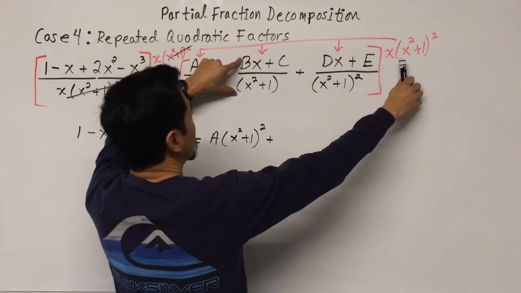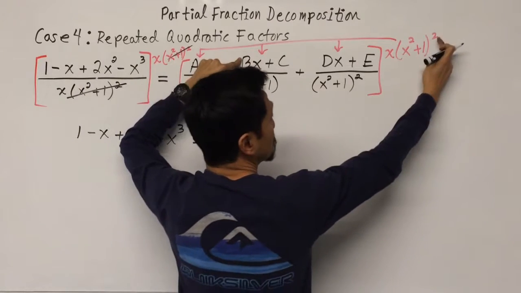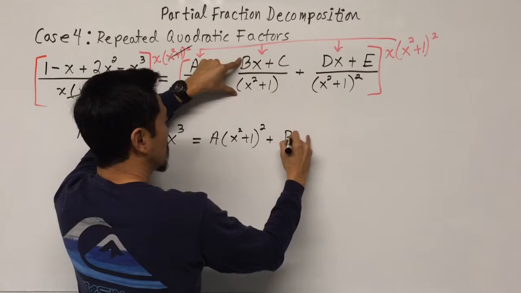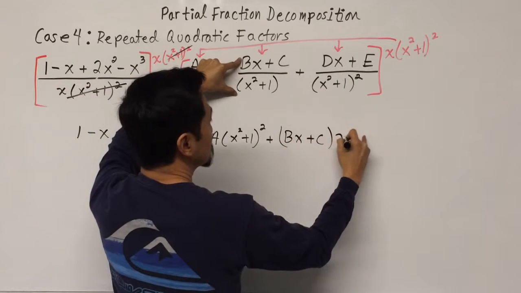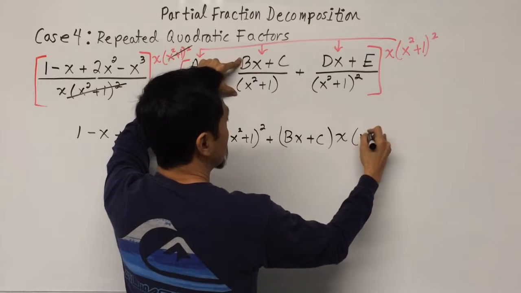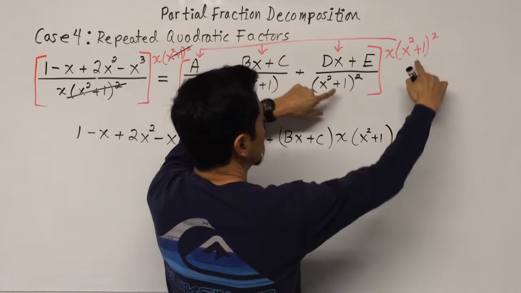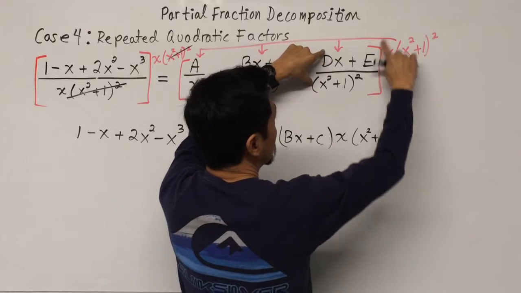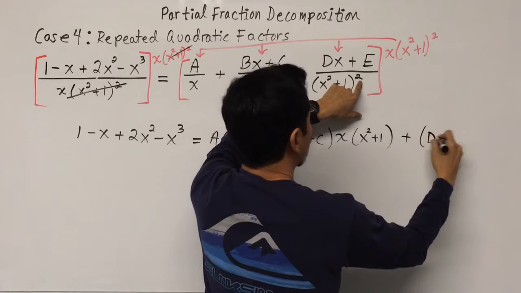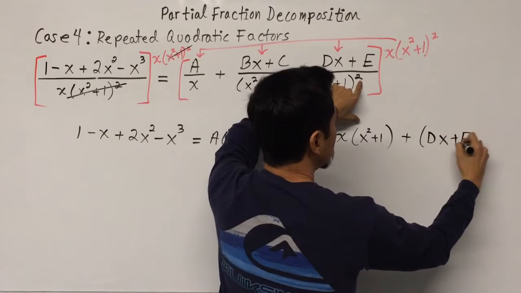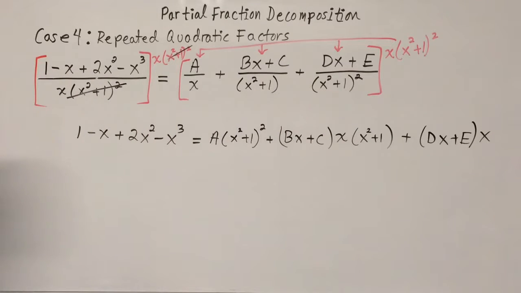And then multiplying here, this one factor of x squared plus 1 will cancel with one of the factors, leaving us with Bx plus C times x squared plus 1. And then lastly, we've got this fraction in black multiplied by this in red. Those x squared plus 1 squareds will cancel. And I'm left with Dx plus E times x. Okay? Whew, what a mess.